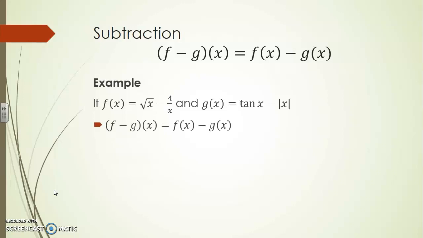The function f minus g is obtained by subtracting function g from function f. In this case, the signs distribute to both the tan and the minus absolute value of x, and therefore we create a new function. So root x minus 4 over x minus tan x plus absolute value of x is the rule for function f minus g applied to x.